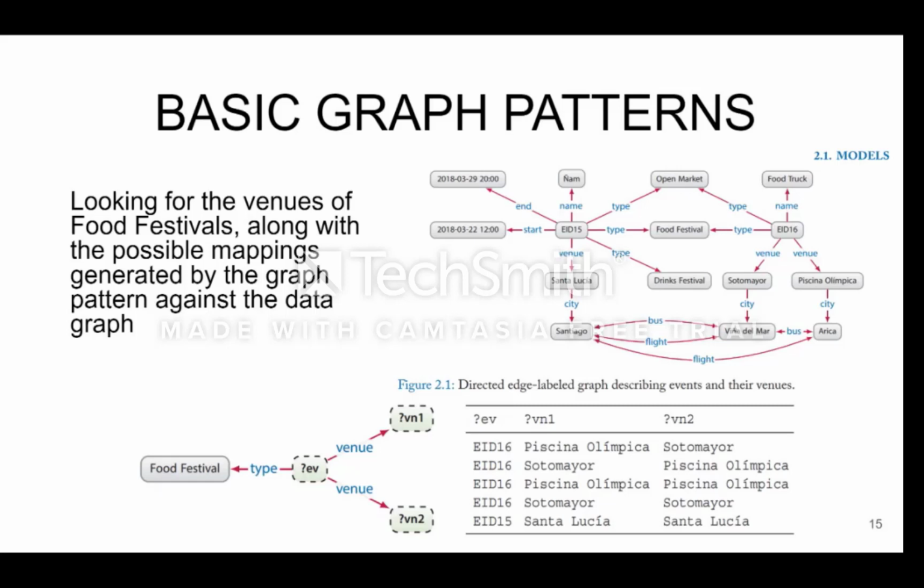In this example, we have three constants: food festival, type and venue, and we have three variables: ?ev, ?vn1 and ?vn2. The basic graph pattern is then evaluated against the data graph by generating mappings from the variables of the graph pattern to constants in the data graph, such that the image of the graph pattern under the mapping, replacing variables with the assigned constants, is contained within the data graph. We will have a result like this.